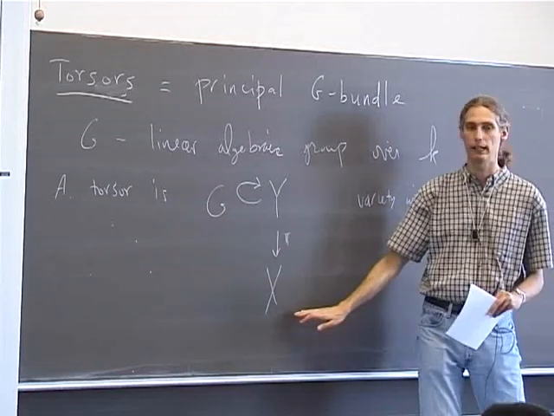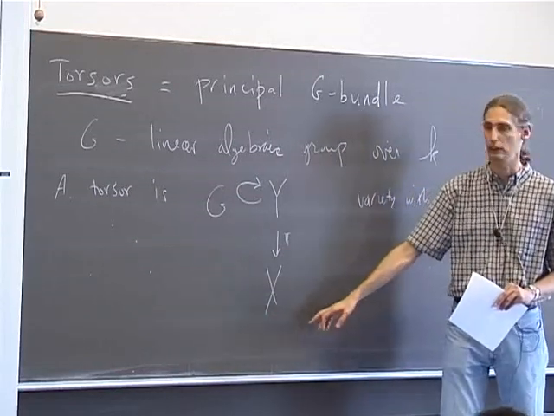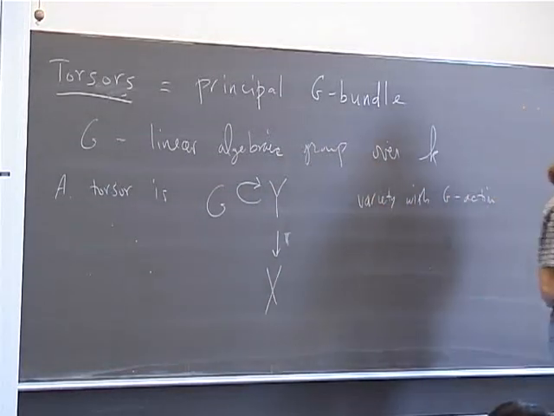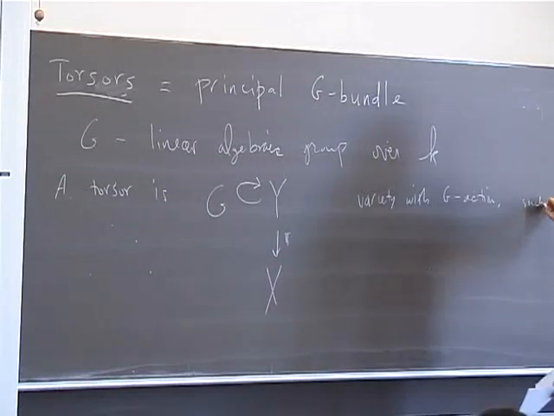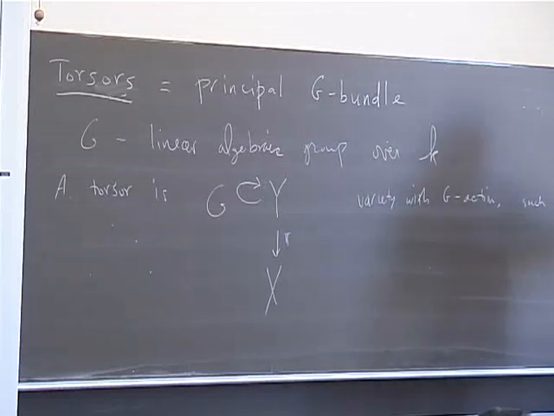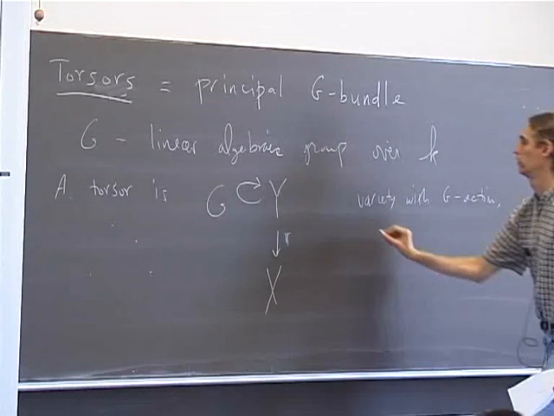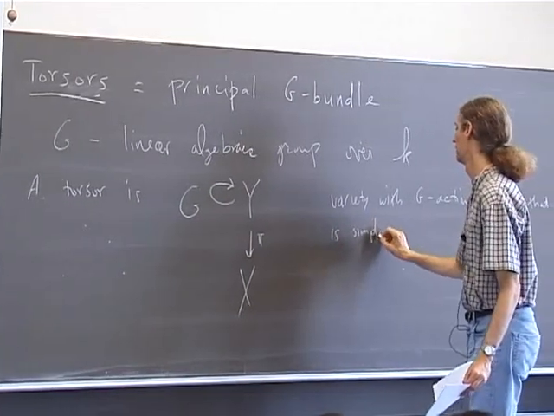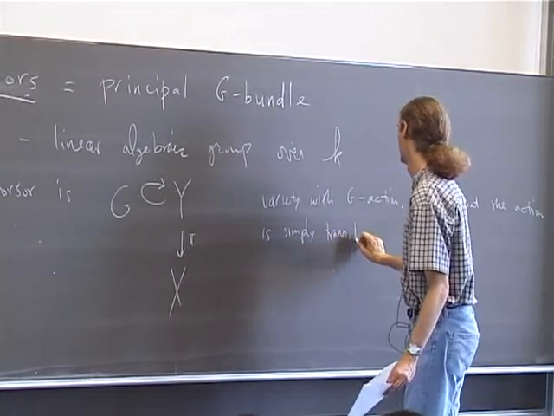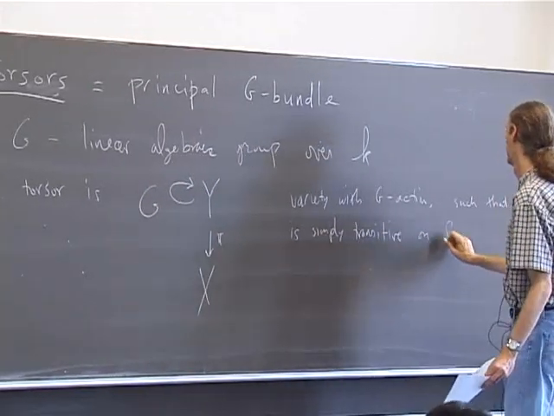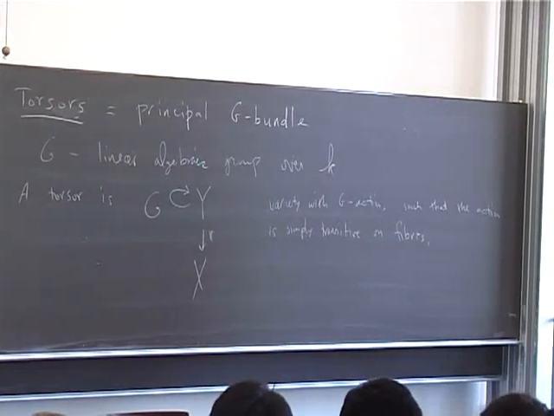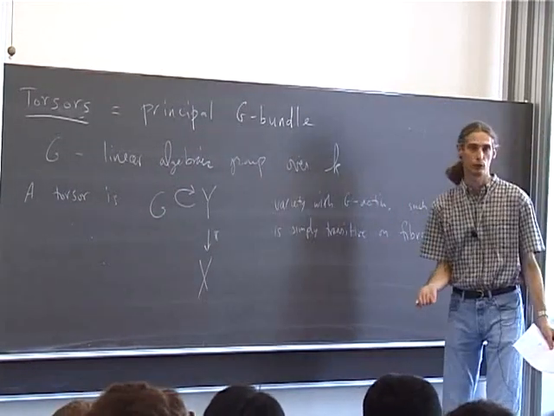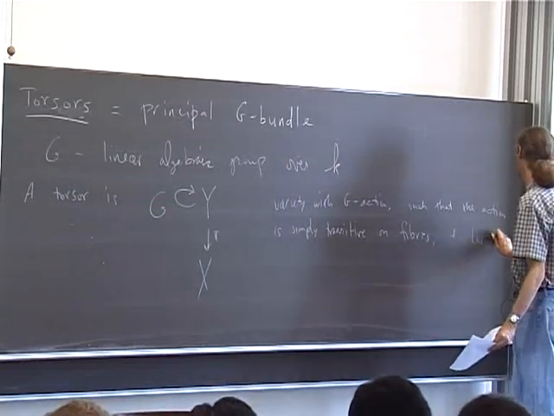And the action should be compatible with a trivial action here. So it acts on fibers. And the action on fibers should be simply transitive. And there should be an additional requirement, well, some sort of a local triviality.